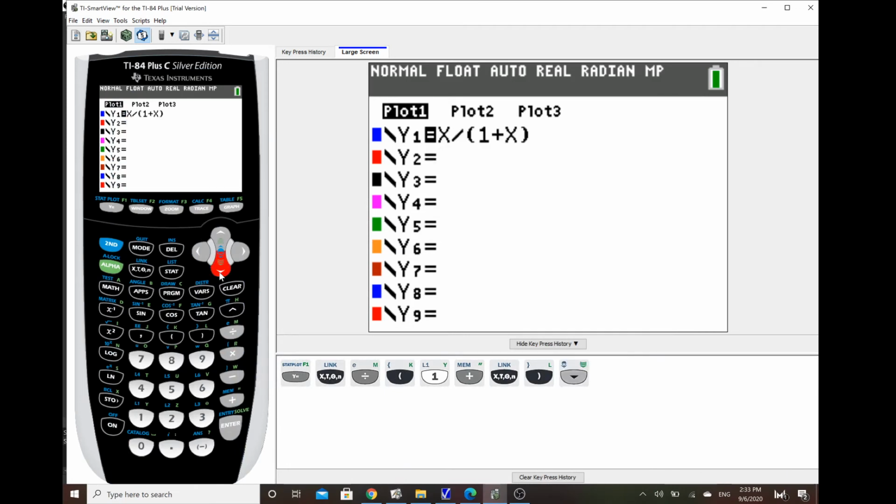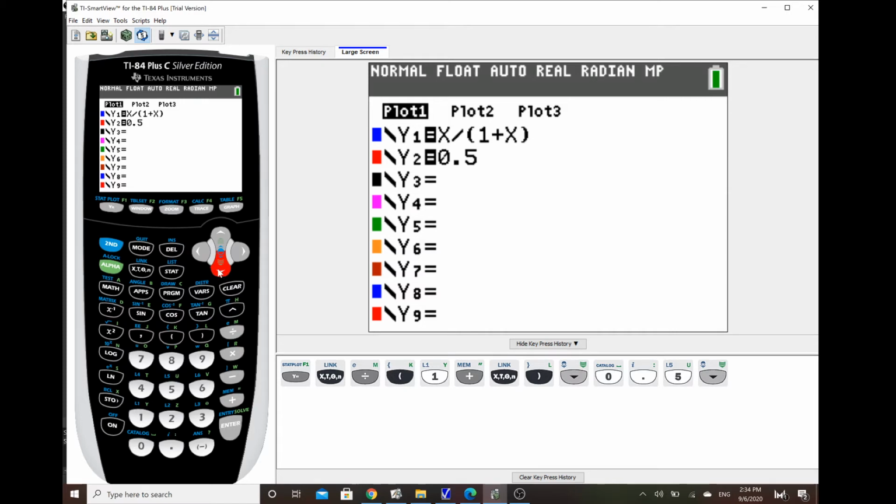For y2, I want to put in that 1 half, the y value, because that's a constant. So let's say 0.5. And now for y3, you want to put in the slope. According to the formula, it's f of x2 minus f of x1.